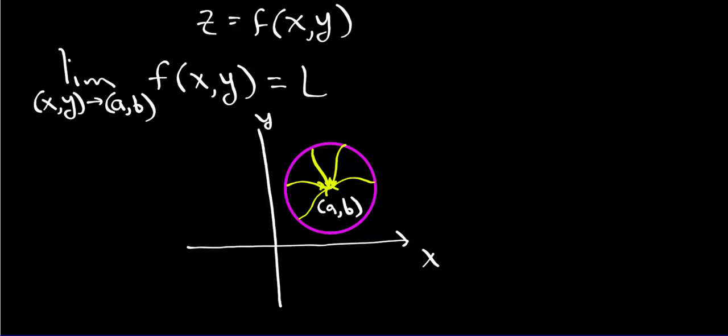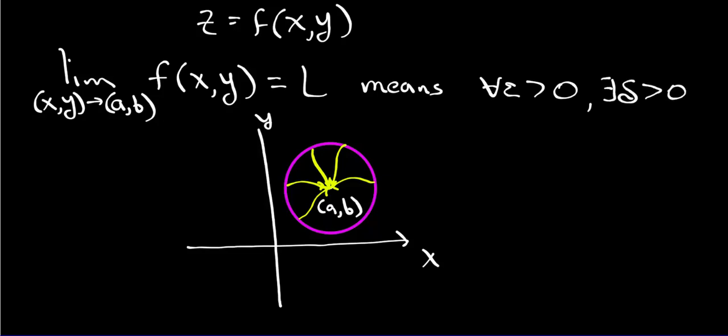So what this means here is, for all epsilon greater than 0, there exists a delta greater than 0, such that, okay, such that. Now, think about this down here. Here's a point (x, y), and I'm going to talk about the distance here. See that distance?